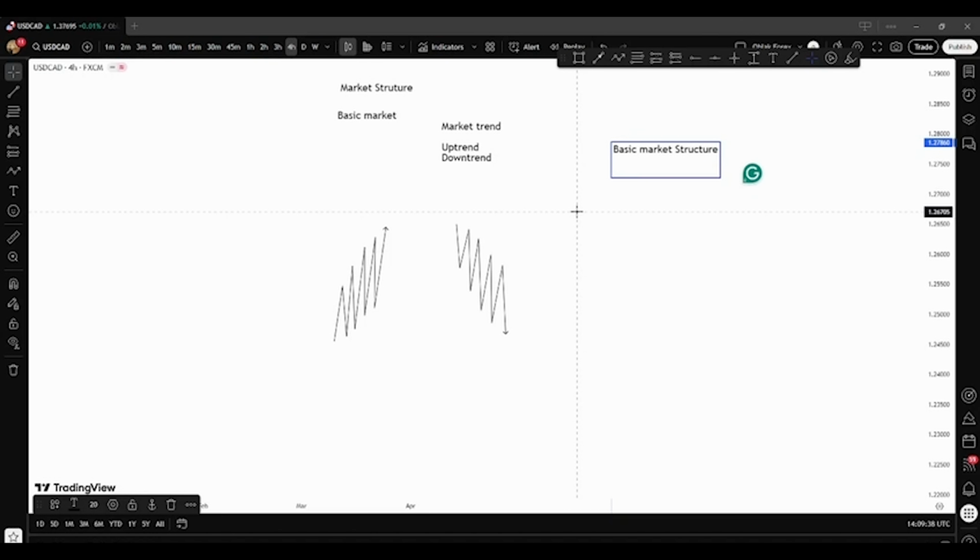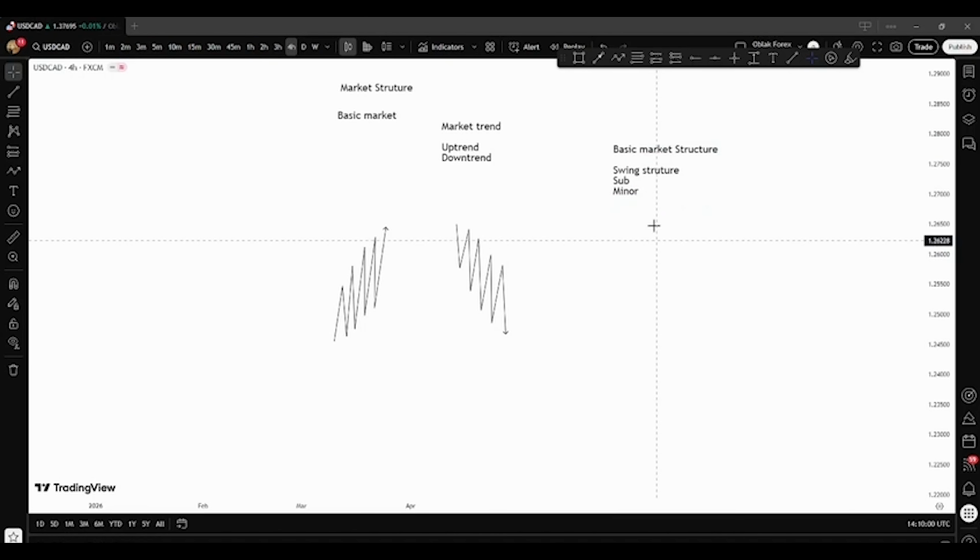We have the swing structure, we have the sub structure, and we have, what's the other one? The minor structure. Here we have the minor structure.